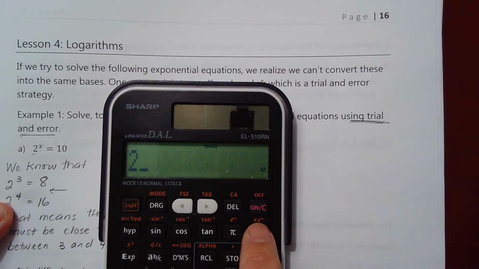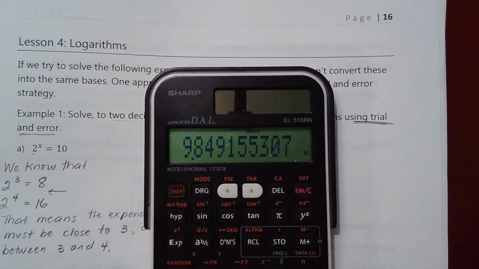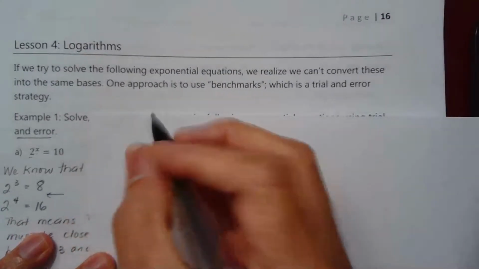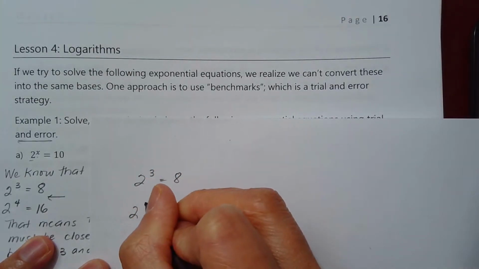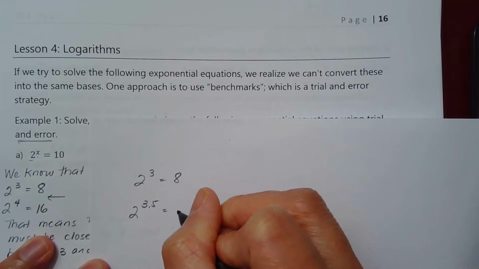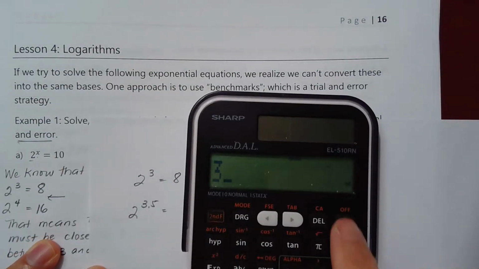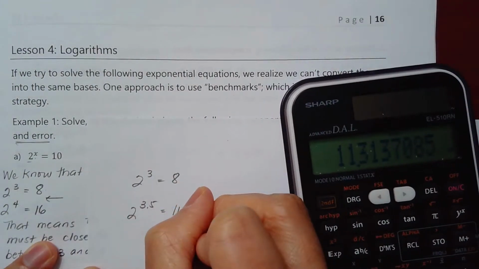What about 2 to the exponent 3.3? That's 9.84. So earlier we did 2 to the 3 is 8, and then 2 to the 3.5 is going to give us 11 point something, 11.31.